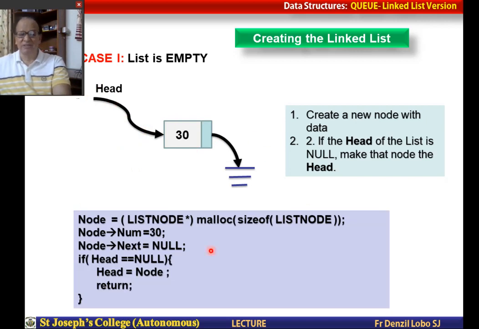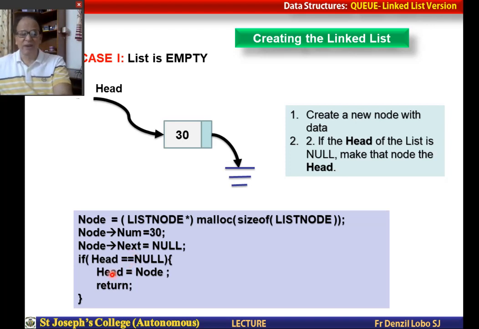Here, instead of writing these three lines, I can say node is equal to make list node, and then insert 30 into that. So it makes the node with number 30. And then I ask if head is equal to null, because we are declaring head to be a global variable, and we are going to initialize that head to null using a function called init linked list.